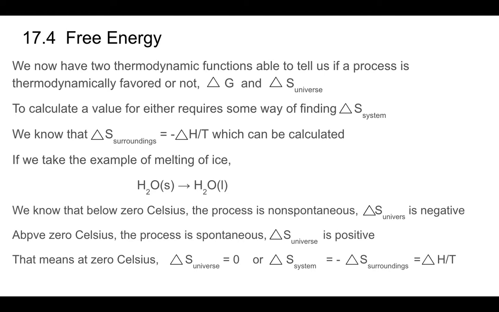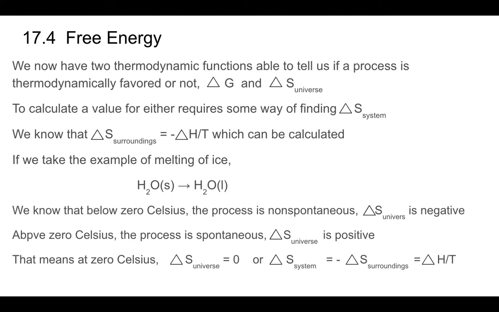So as long as you go to the conditions where a process is at equilibrium, it's not favored in the forward or reverse direction, it's kind of on its tipping point between being a positive or a negative delta S universe, or being favored or not favored. If you can find that point, then you can actually get the delta S of the system for those conditions from the negative of the delta S of the surroundings, because they have to add up to 0.